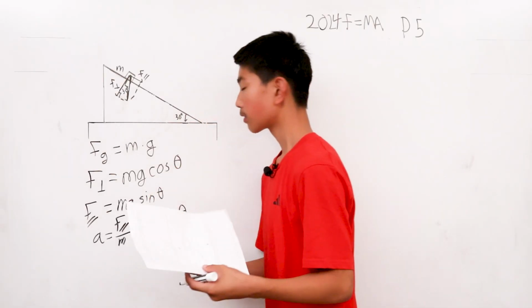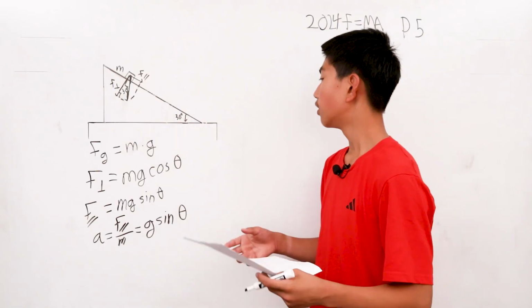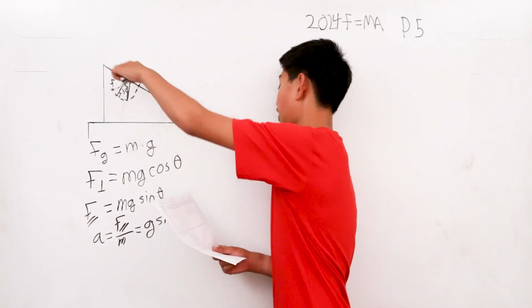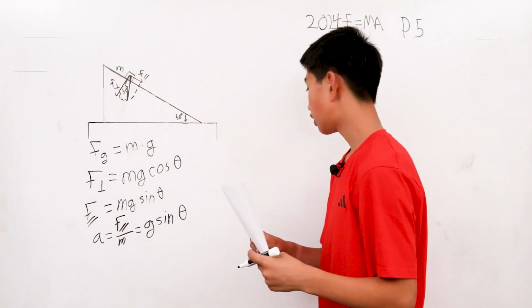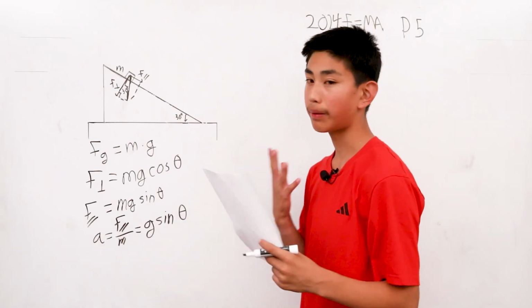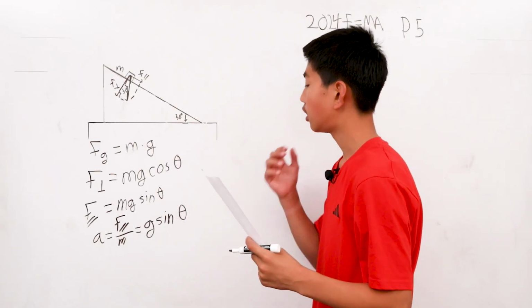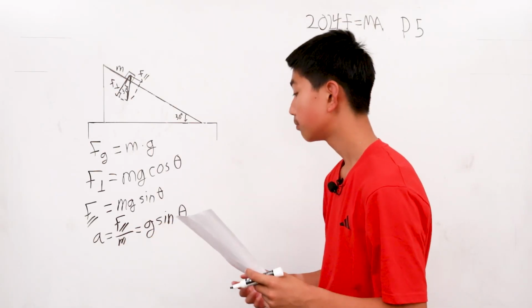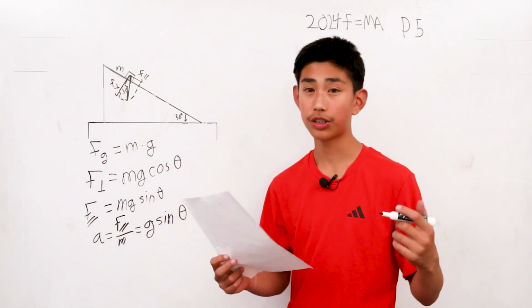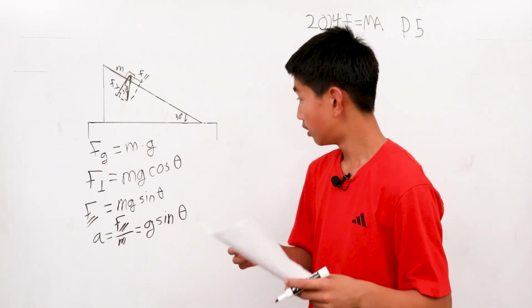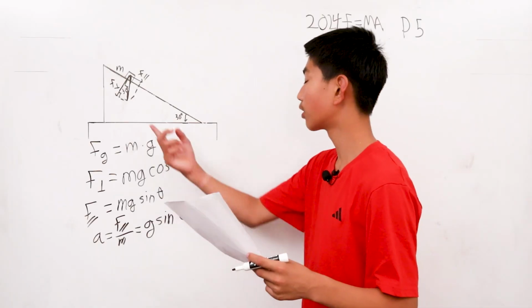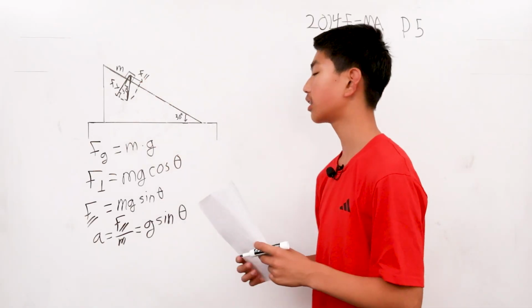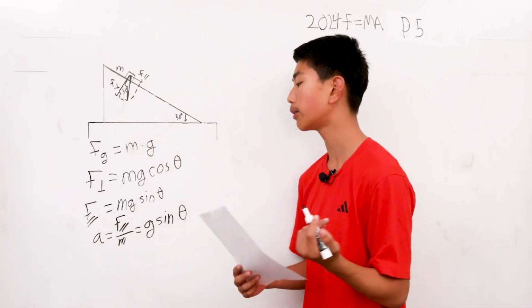Now notice, since the inclined plane does not have a mass, it is massless, the acceleration here is negligible, as no matter what speed or acceleration the block sliding down the surface has, it'll always have the same reading on the scale.